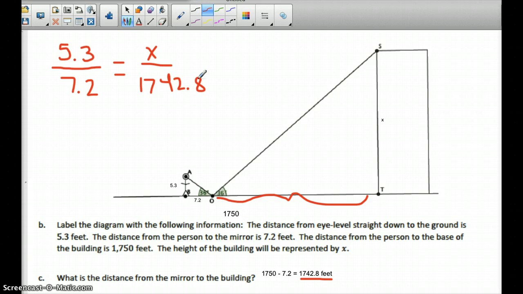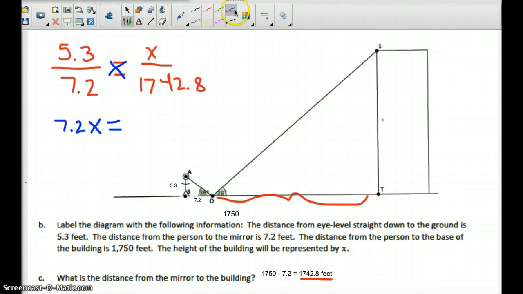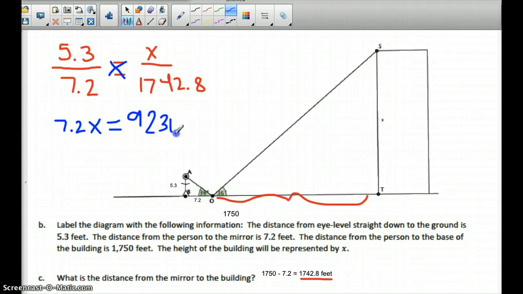1,742.8. Okay, remember when you have a proportion, you cross multiply. 7.2 times x is 7.2x. And then when I multiply these other numbers together, 1,742.8 times 5.3, you get 9,236.84.